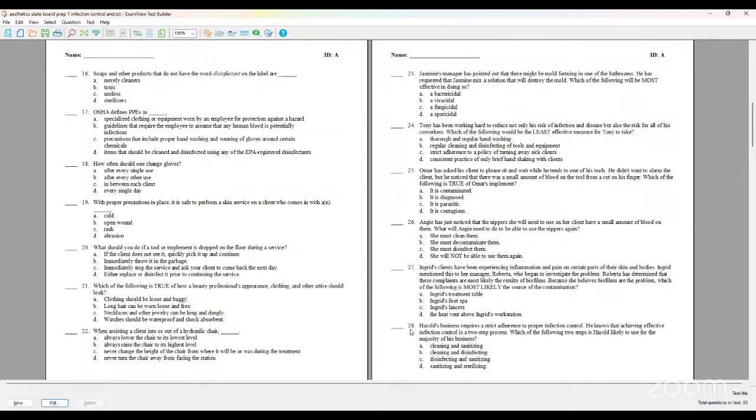It's a strict adherence to proper infection control, so that tells me he needs something stronger. Is it B or C?